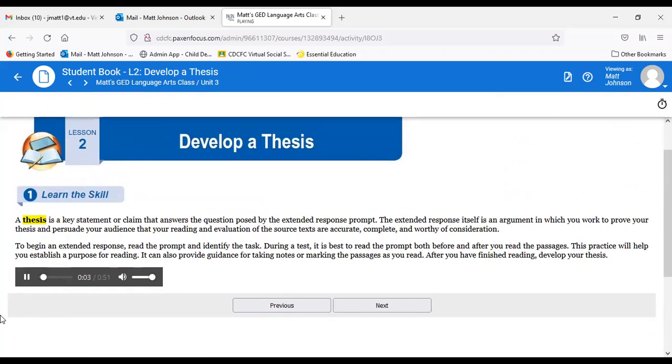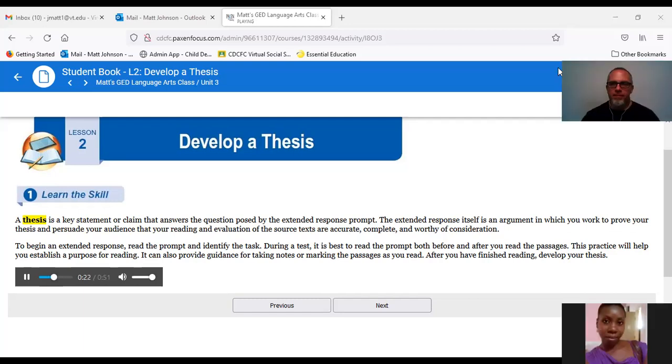A thesis is a key statement or claim that answers the question posed by the extended response prompt. The extended response itself is an argument in which you work to prove your thesis and persuade your audience that your reading and evaluation of the source texts are accurate, complete, and worthy of consideration.